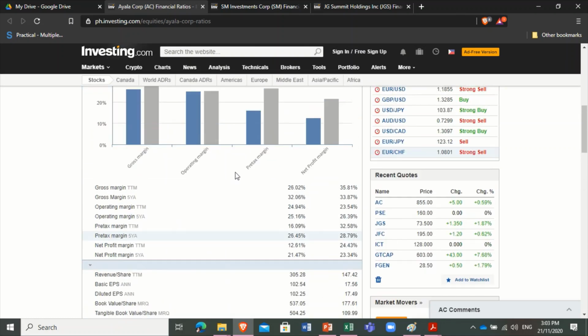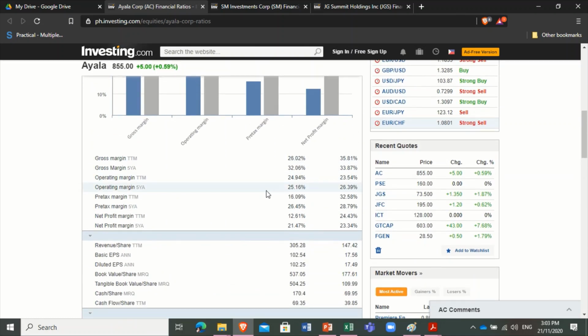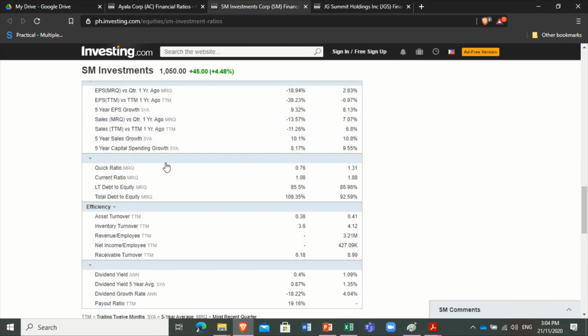And of course, syempre, napaka-importante din ng profitability ratio. So tignan natin yung net profit margin dito tayo sa latest 1 year, no? So si Ayala ay 12.61. So tignan natin si SM Investment.